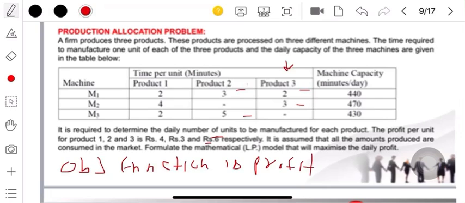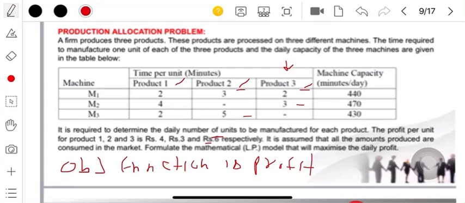Let us suppose that x1 units of product 1, x2 units of product 2, x3 units of product 3 should be produced per day, we have assumed. So what are the variables? The variables are the daily quantities of products to be produced per day, the quantity for product 1, product 2 and product 3.